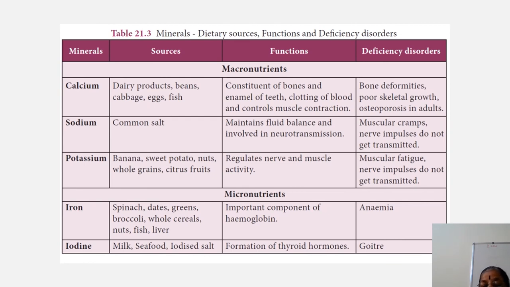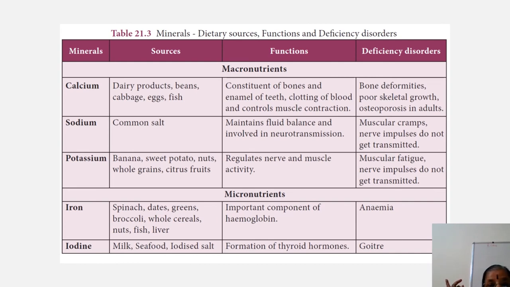Due to poor metabolism, deficiency disorders are bone deformities, that is, some problem in the bones. The bones keep shrinking and wearing away. So bone deformities, poor skeletal growth, and osteoporosis in adults, the thinning of bones. So calcium deficiency means bone deformities, poor skeletal growth and osteoporosis in adults.